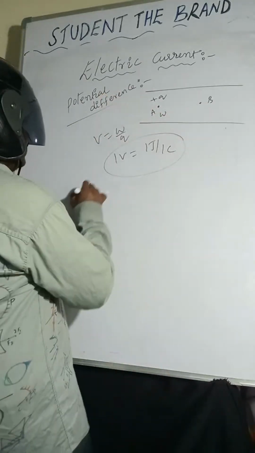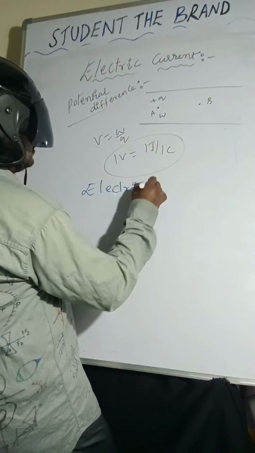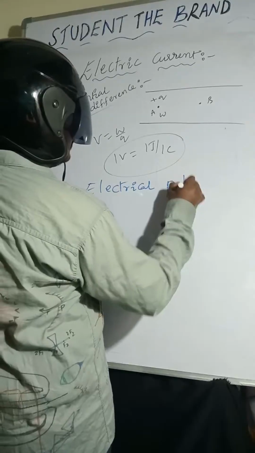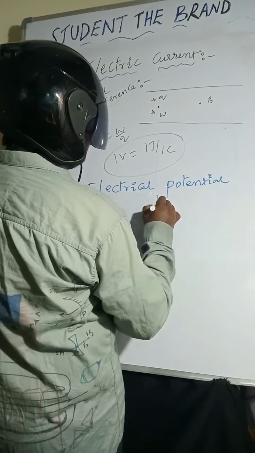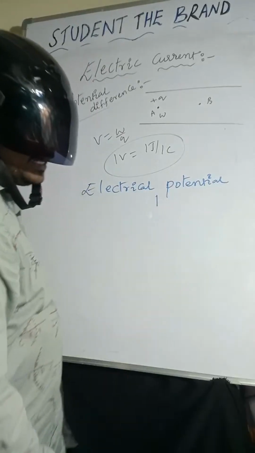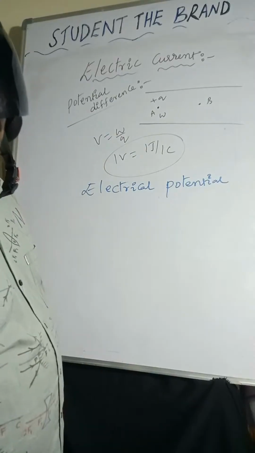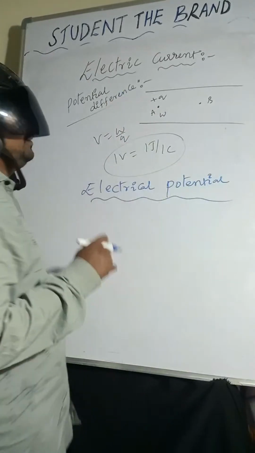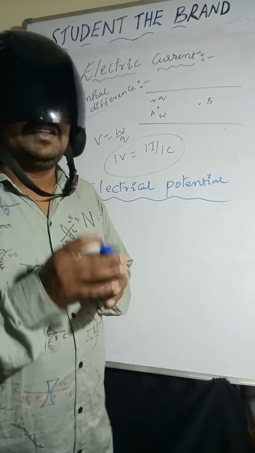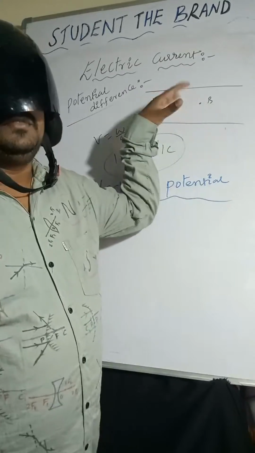Coming to the electrical potential. What is electrical potential? Electrical potential is the work done to bring a unit positive charge. Potential difference is the work done to bring a unit positive charge from one point to another point within the conductor.